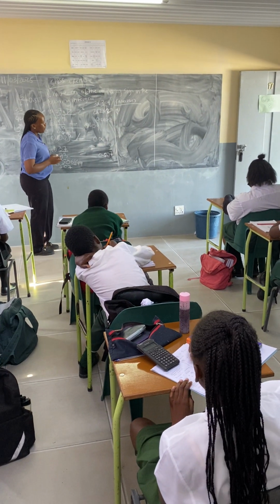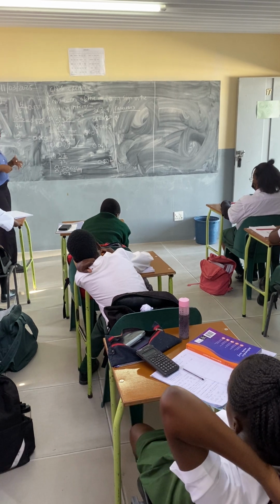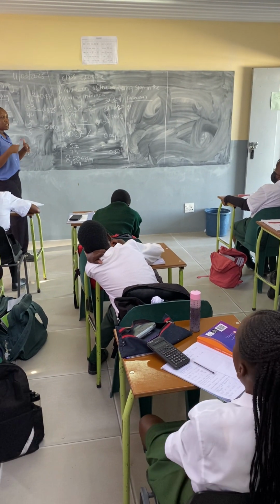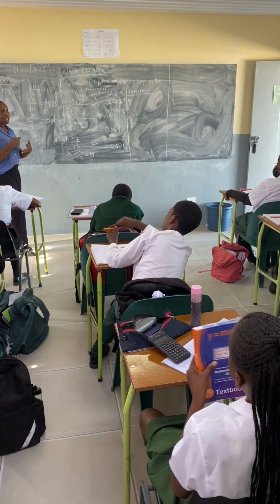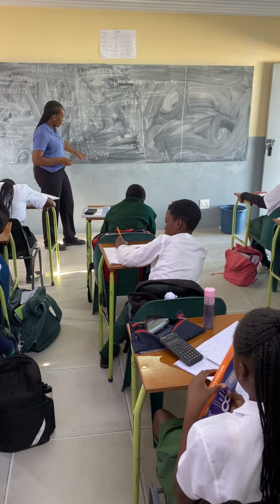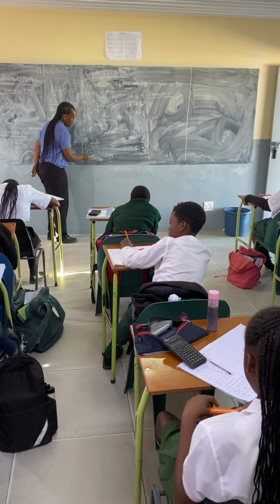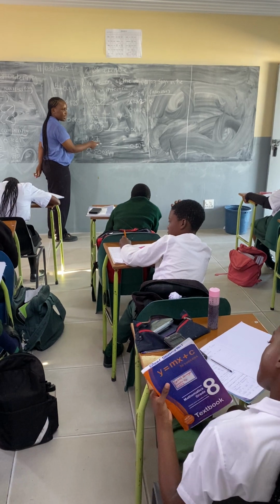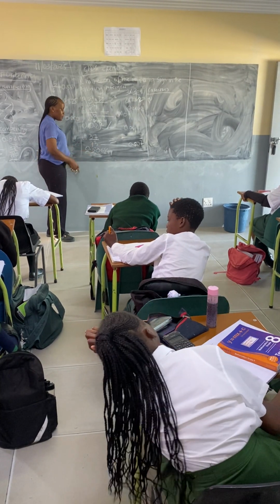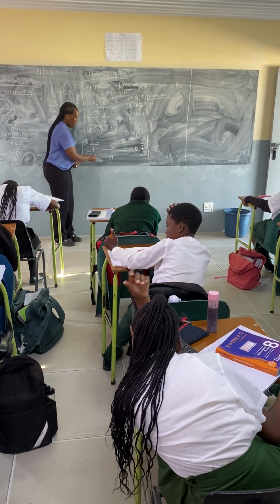With rounding off, we are still going to talk about rounding off. You can round off to the nearest 10, to the nearest 100, to the nearest 1 decimal place, to the nearest 2 decimal places. So when you are rounding off, the number after the 0 is 1 decimal place. The second number after the 0 is 2 decimal places.